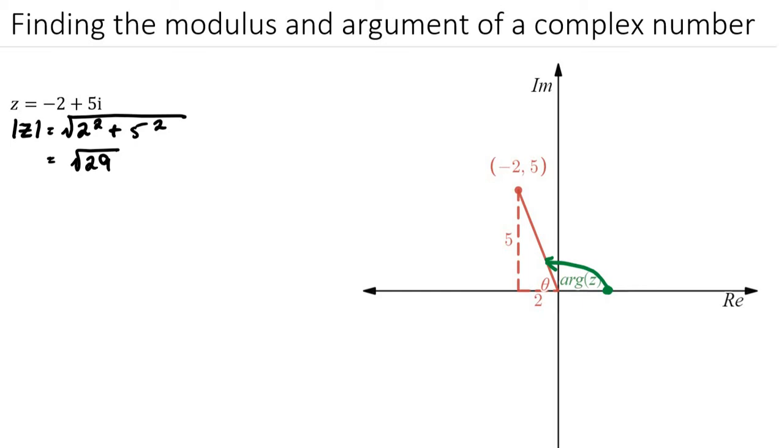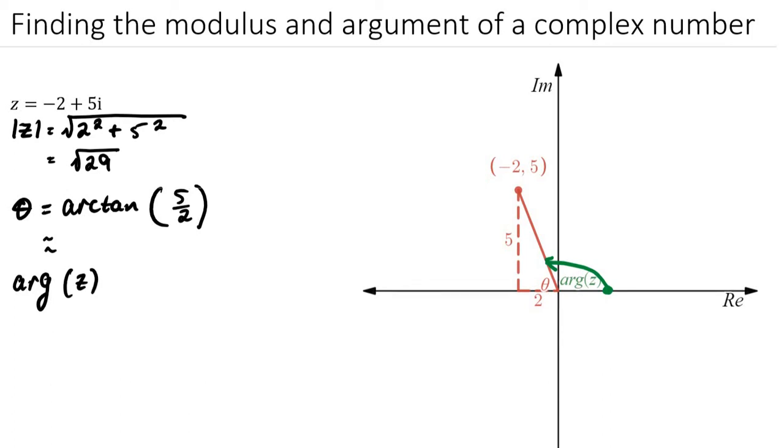So if we look at finding that, we can calculate theta as the arctan of 5 over 2, and then we can calculate the argument of z by doing pi minus that value.